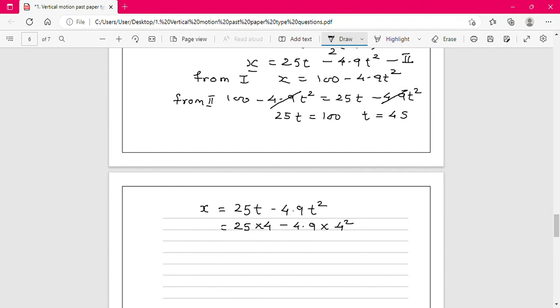So if you solve this, you get 21.6 meters. So the two balls collide at a height of how much? 21.6 meters from the ground.